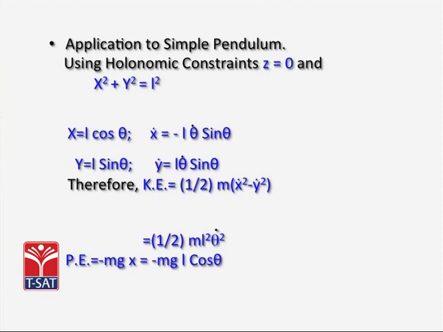Therefore, kinetic energy is given as half m times (x dot square plus y dot square). This is equal to half m L square theta dot square. Now, potential energy is dependent on the function x, hence PE is equal to minus m g x, that is equal to minus m g L cos theta.